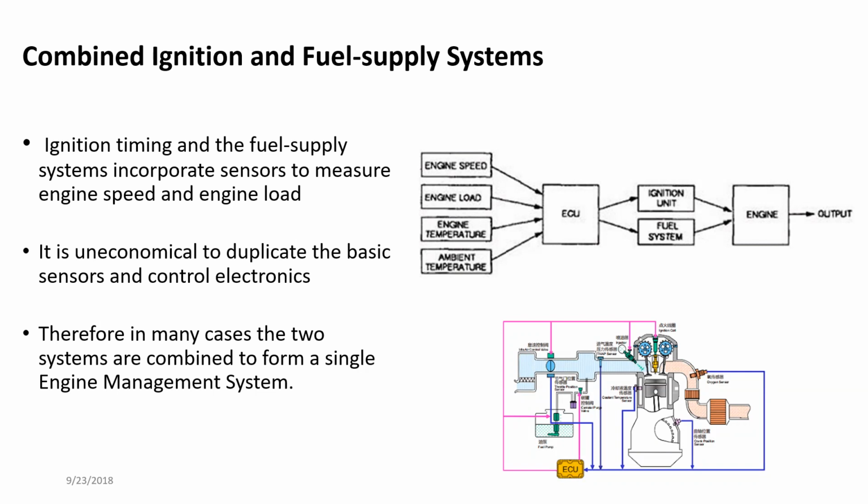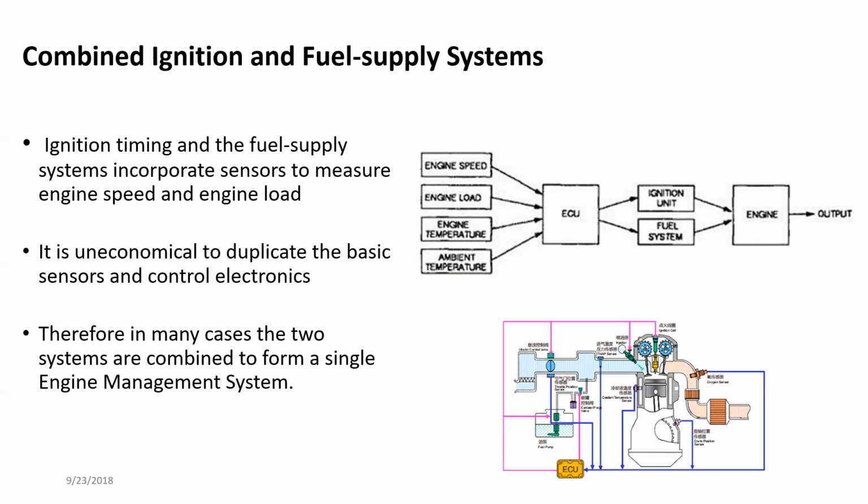I'll explain how these things communicate with each other later on. Since both of these units use the same sensors, there's no point in having two sensors for the same measurement.